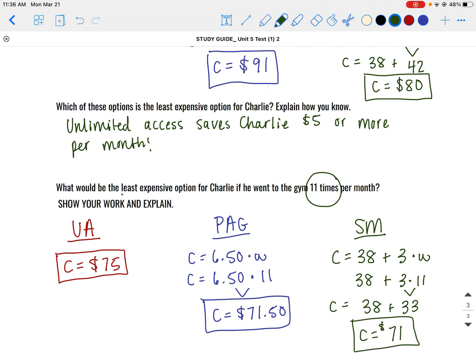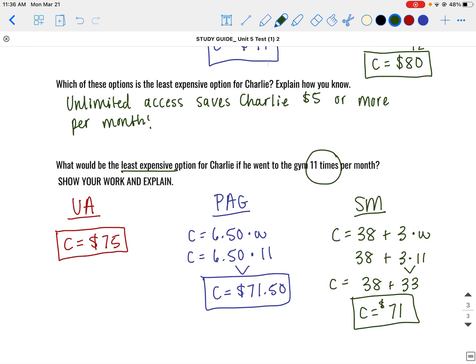So in this case, it wants to know what the least expensive option would be if you went 11 times per month, and that would be standard membership, and that would only be by 50 cents, but it wants to know what the least expensive is, and that would be the standard membership by 50 cents.